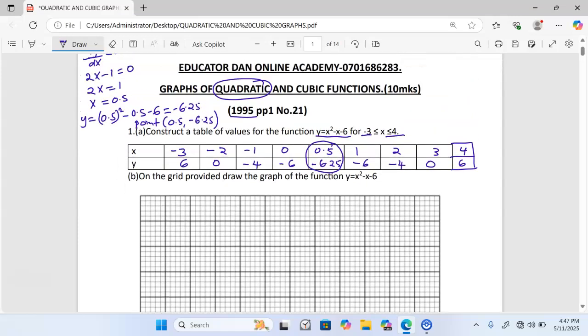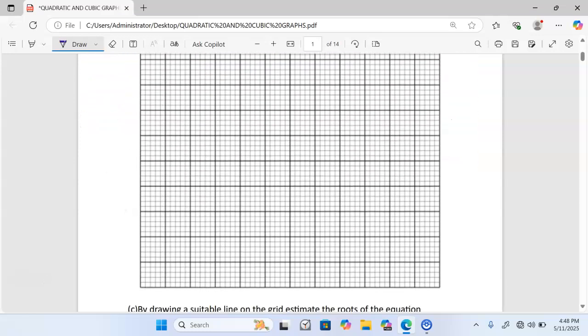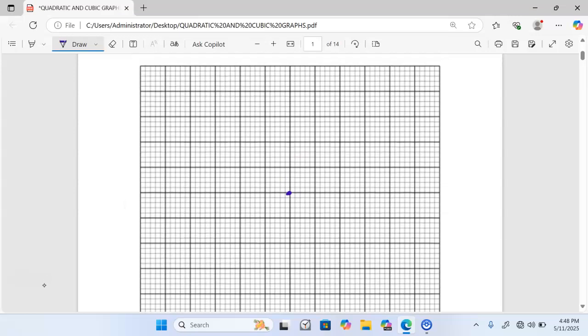By looking at the highest values of x and y, x has -3 on the left and +4 to the right, and y is -6 and +6. So we are going to begin. Let me assume this is our center here. Since the highest value of x to the left is -3, we go with -1, -2, -3, and -4.